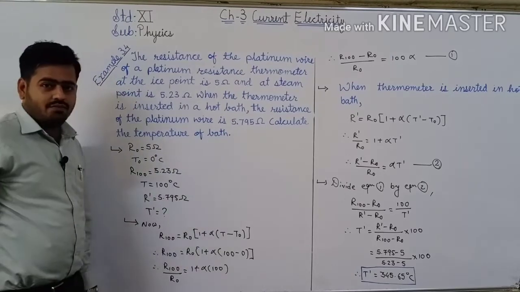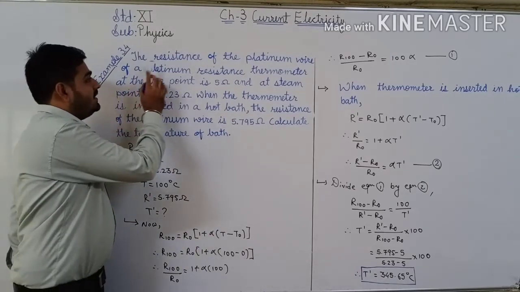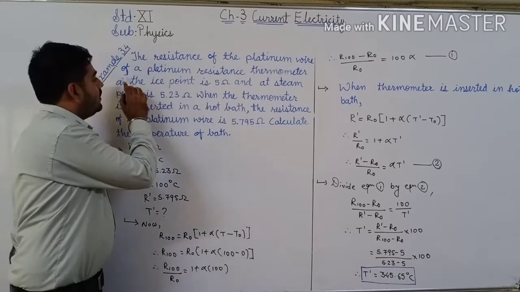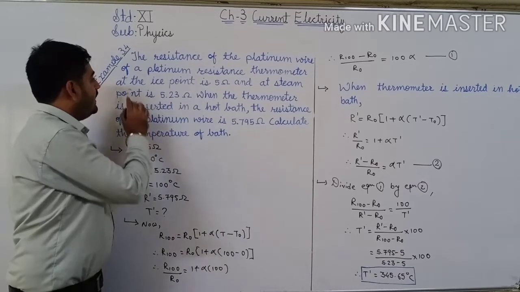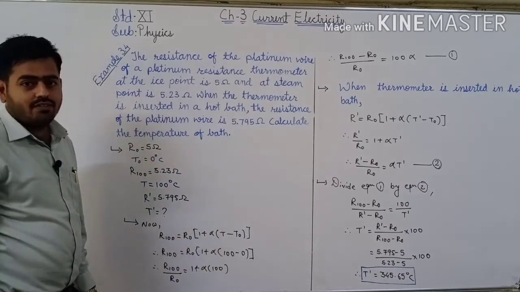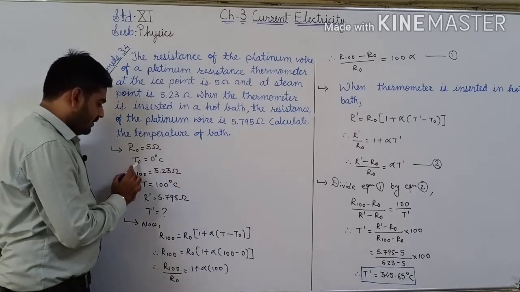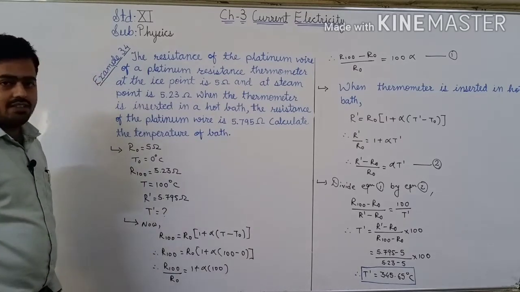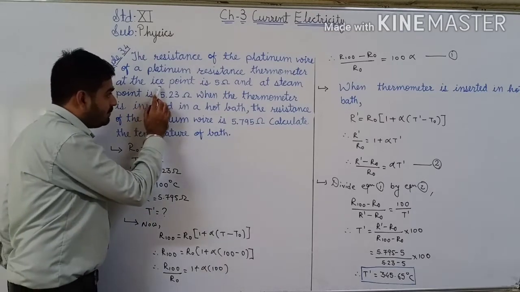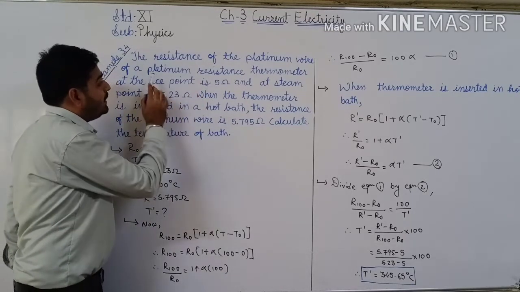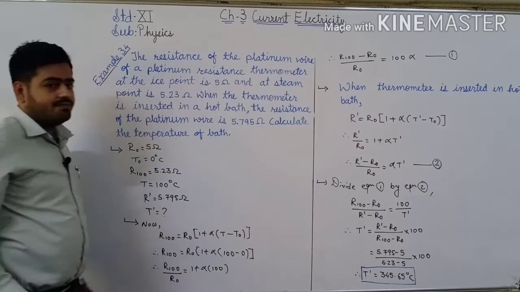Example 3.4. The resistance of the platinum wire of a platinum resistance thermometer at the ice point. What is the temperature of the ice point? 0 degree Celsius. So the reference temperature is 0 degree Celsius, and at this reference temperature the value of platinum resistance is 5 ohm.